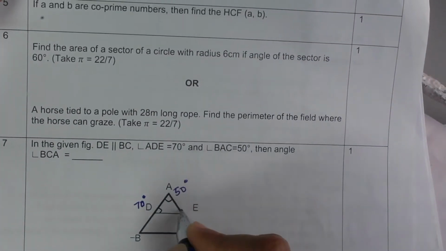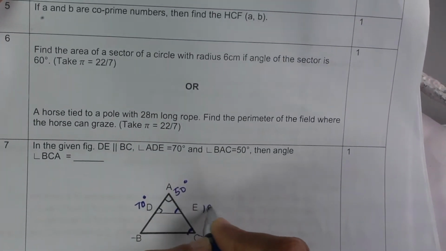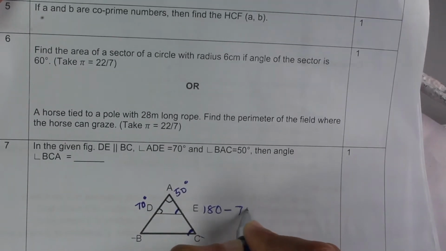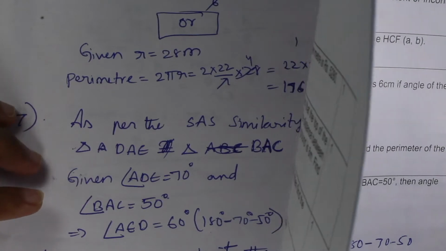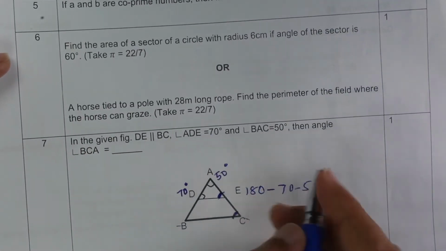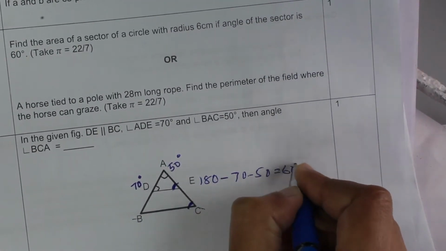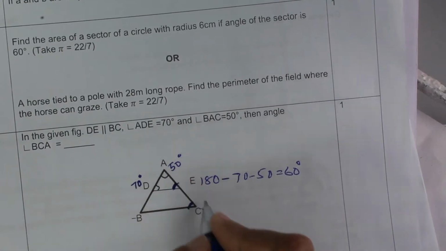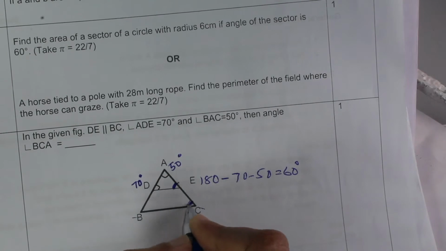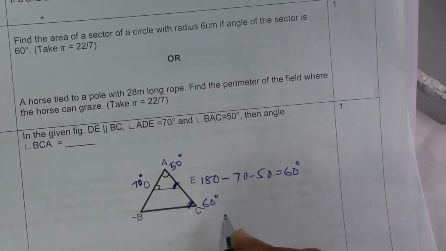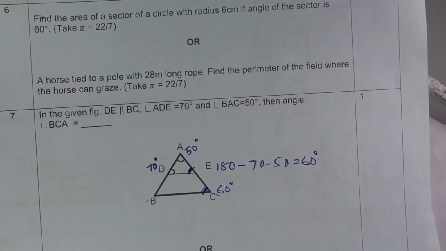This angle becomes 180 minus 70 minus 50. So it comes around to be 60 degrees. So angle ACB is also 60 degrees. Hope this is clear for you.